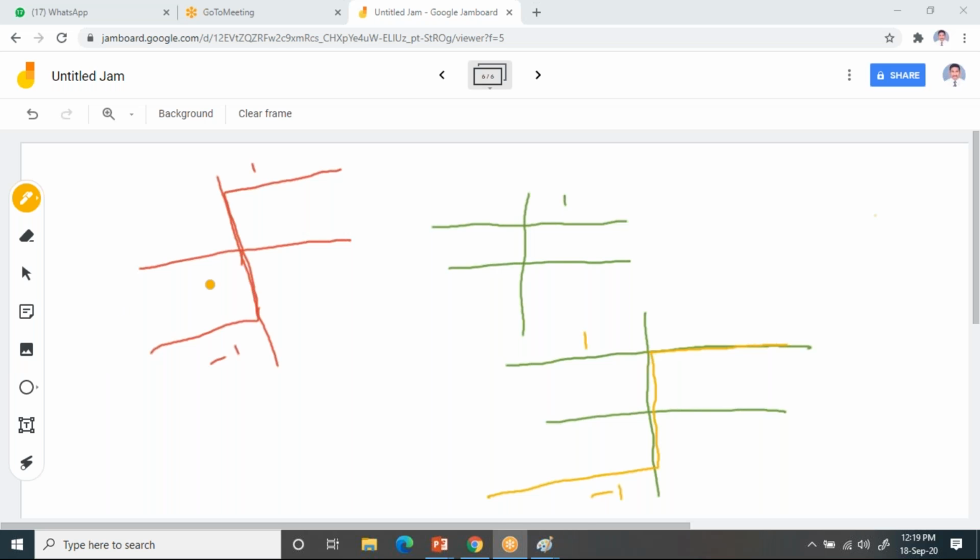Now observe it. Now please see. This is my signum function, and this is my DC. Now what I'm doing is I'm adding the two. My signum function is like this.